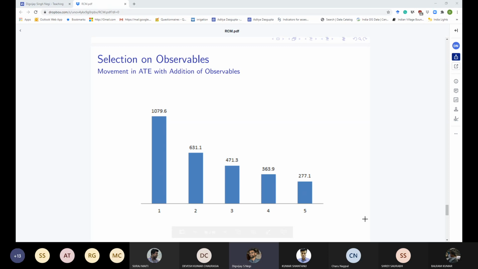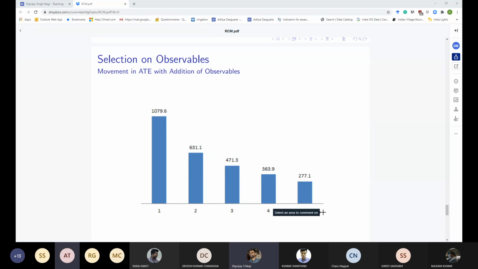Suppose this figure was like this. Suppose across these 5 specifications, all these bars were of the same height, a flat line like this. What could you say then? There was no selection bias. Right. So in terms of the assignment of the treatment, what can you say?